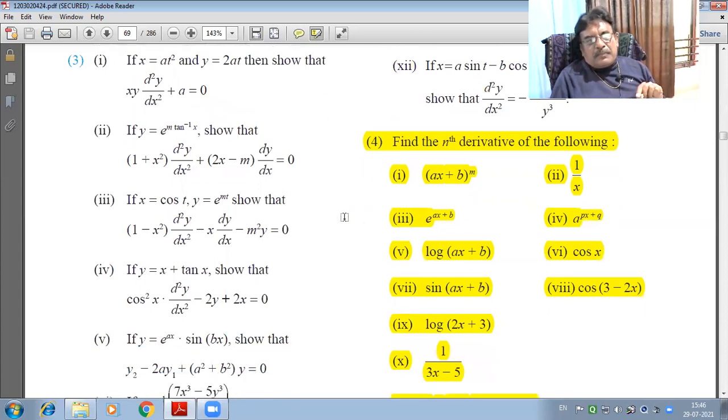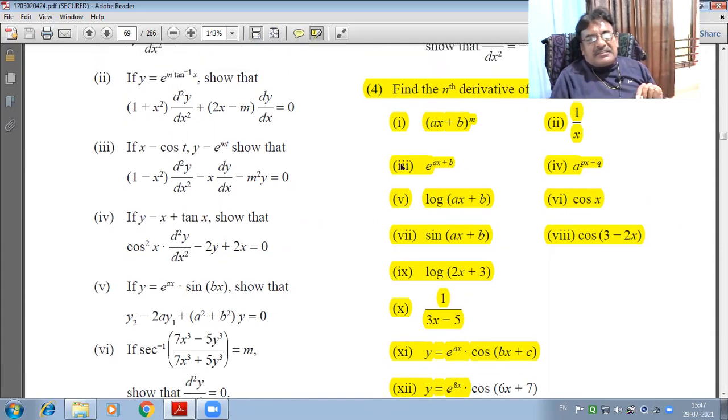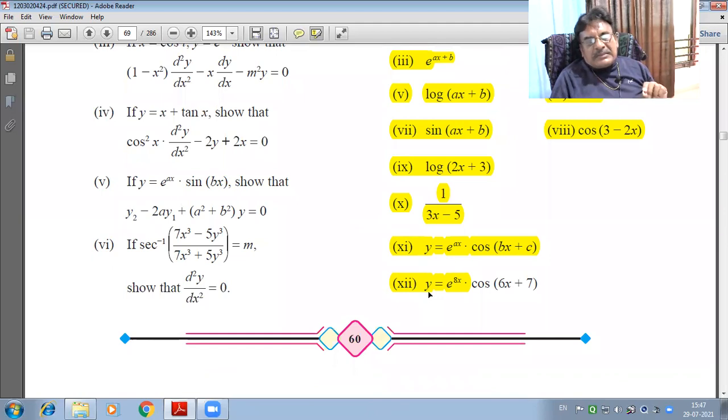In this problem 4, there are 12 sub-problems. All these 12 problems are deleted, that is problems first, second, third, fourth, up to 12. So this is the deleted syllabus from the unit named differentiation.